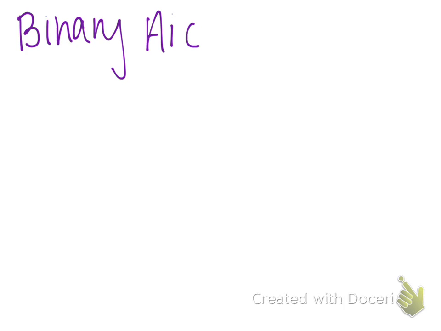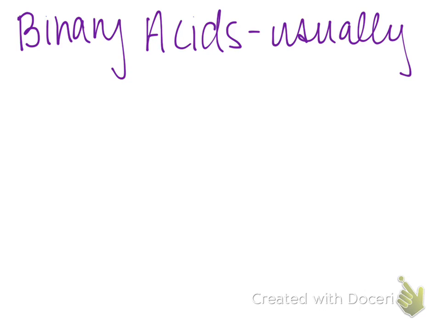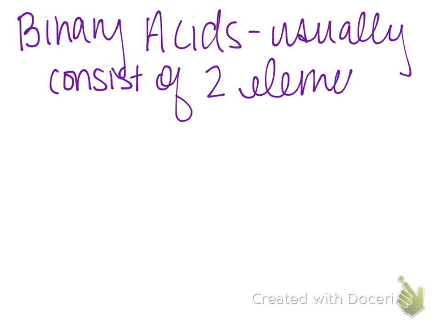Okay. So when we talk about acids, there's 2 different types: binary acids, which means it's probably how many elements? Right, these are 2 elements, so usually consist of 2 elements. And what should one of those elements be? If it's an acid, what does one of those elements have to be?